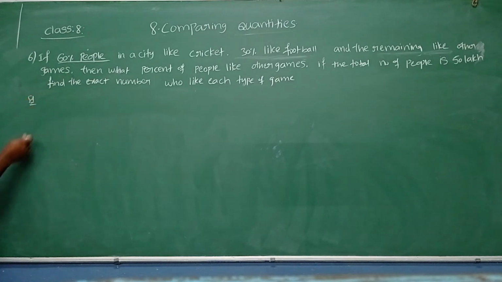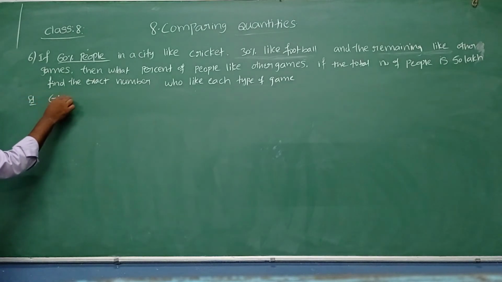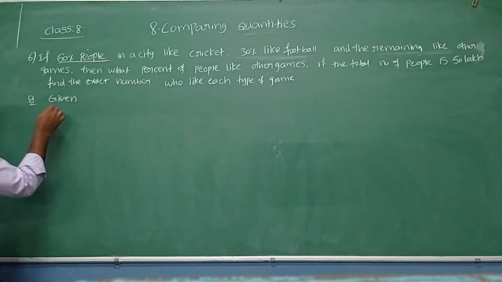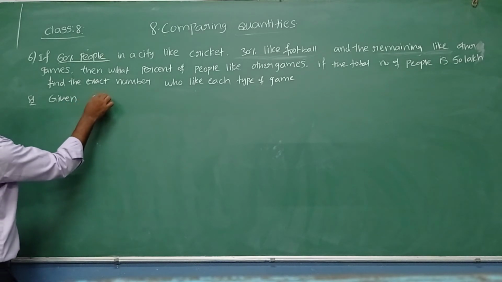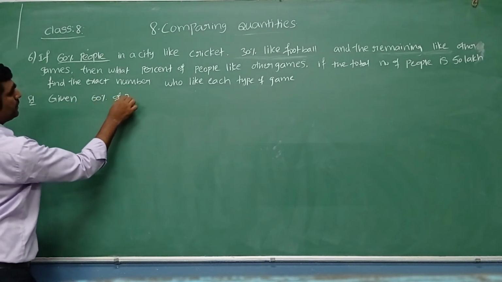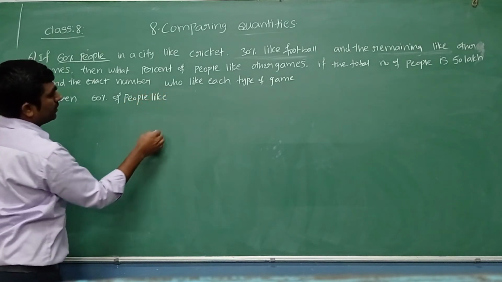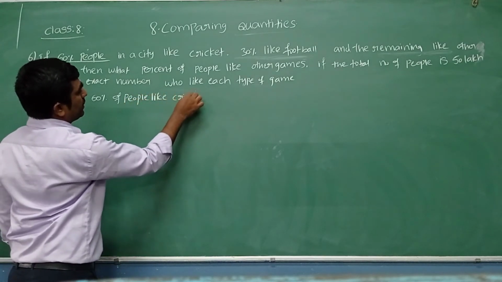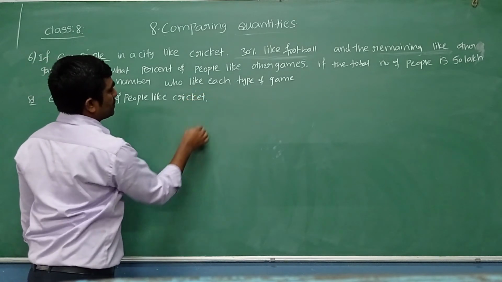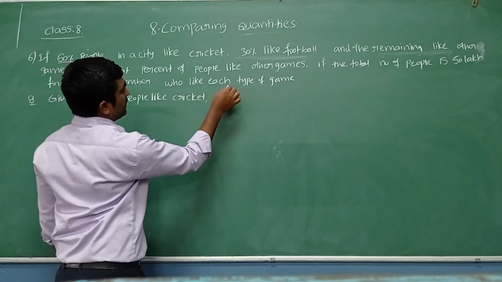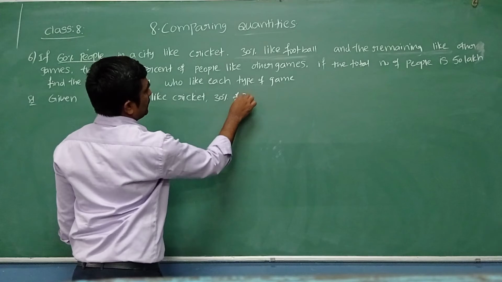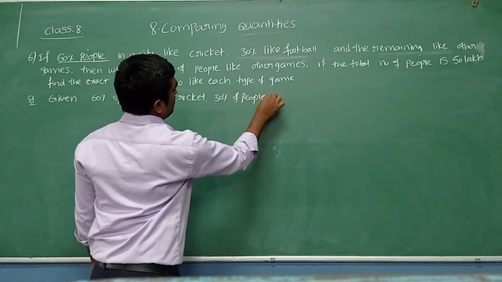Yes, let's see the solution over here. First, we write the given data. So what have they given here? They gave 60% of people. 60% of people like which game? They like cricket. And also they said 30% of people. Yes, we can write 30% of people.